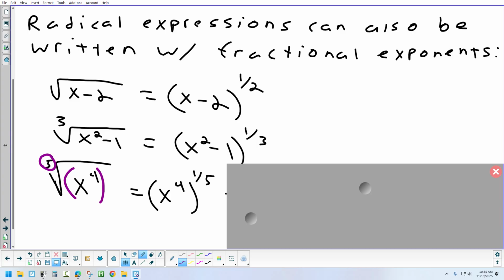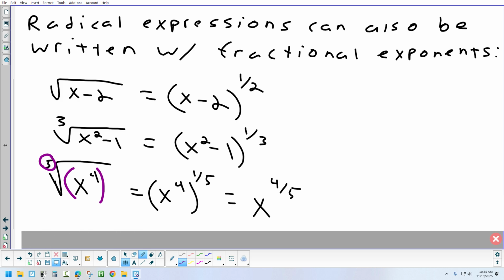So that last one, if you rewrite it, you can simplify it. That's one reason why we might take something that has the radical symbol and rewrite it. So x to the 4/5. Any questions on rewriting something that had a radical symbol into an exponent that's a fraction?